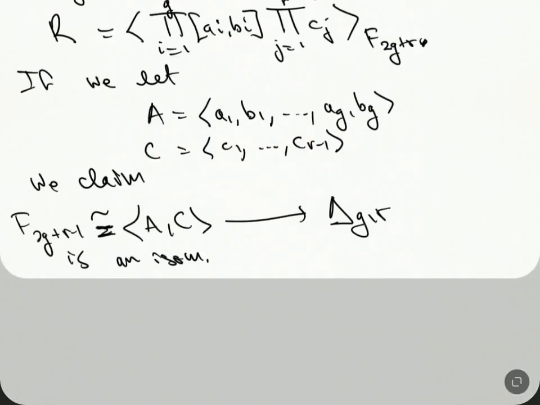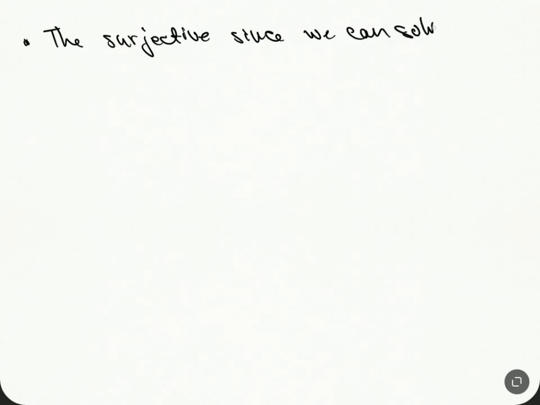Okay, so how do you prove this? The proof is quite simple. First, the map is surjective, since we can solve for c_r using the relation.